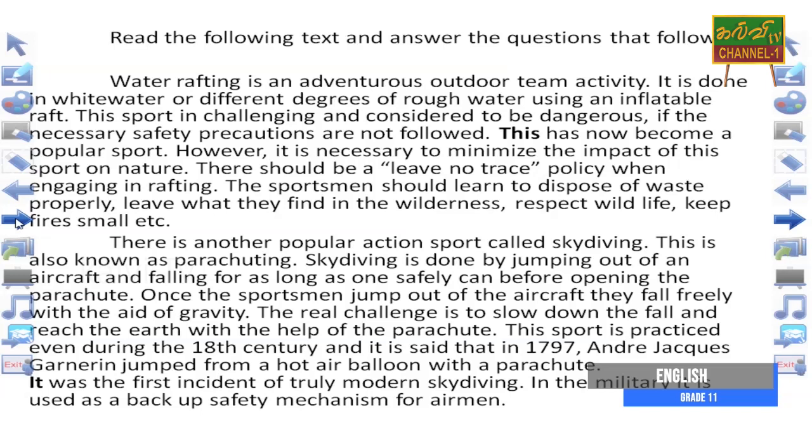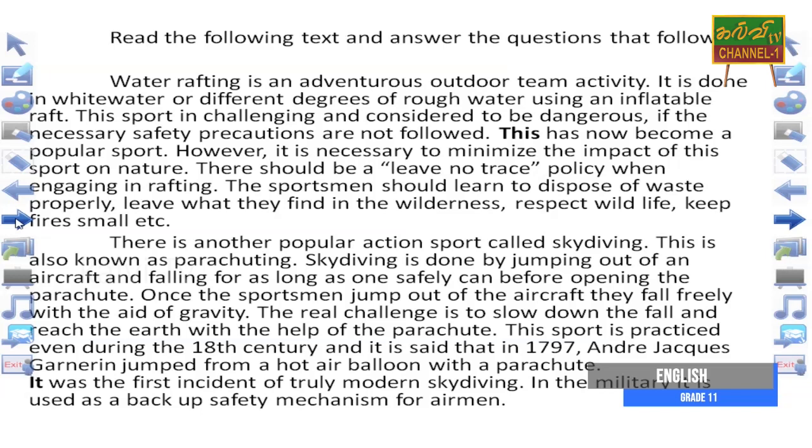small, etc. There is another popular action sport called skydiving. This is also known as parachuting. Skydiving is done by jumping out of an aircraft and falling for as long as one's safety can before opening the parachute. Once the sportsmen jump out of the aircraft, they fall freely with the aid of gravity.